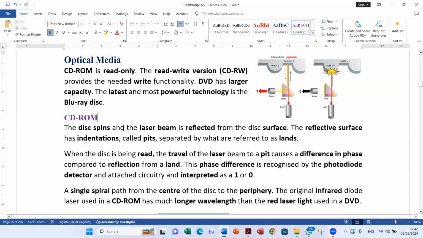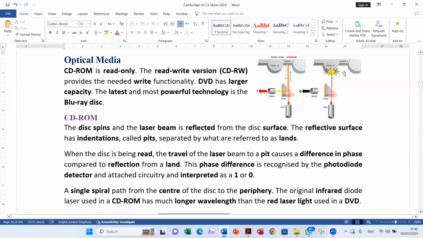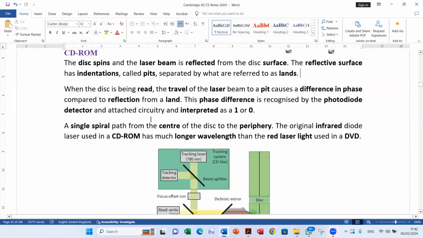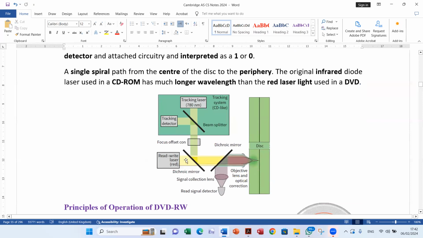The reflective surface has indentations. Those indentations are called pits, separated by what are referred to as lands. So those pits and lands represent ones and zeros. When the disk is being read, as you can look at this diagram, this is the disk, you have the incident laser beam, and then you measure the reflected signal.